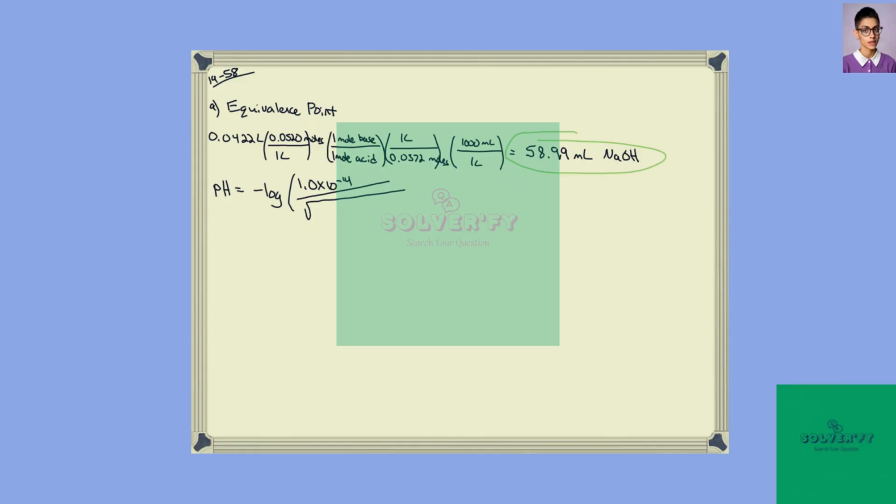So how do we get the hydroxide concentration? Remember, if we have a weak base, the hydroxide concentration is equal to the square root of the Kb value multiplied by the concentration. We don't have the Kb value for acetate, but we do have the Ka value. The Kb value will be Kw divided by the Ka value, 1.8 times 10 to the negative 5.